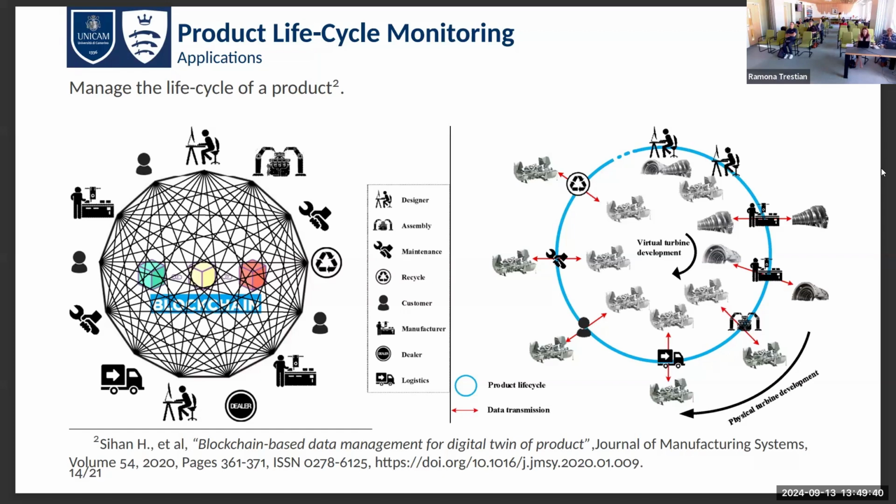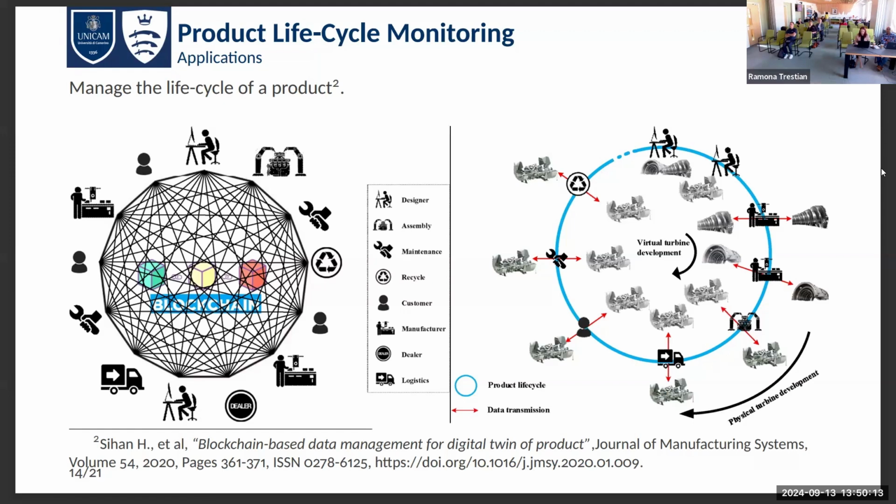And clearly they also wanted to continue the monitoring of the product, also tracking, for example, the maintenance up to the recycle where possible. So the idea is that we are using the blockchain to verify the phases of an entire asset, to create the digital twin of an asset following the entire life of the asset itself.